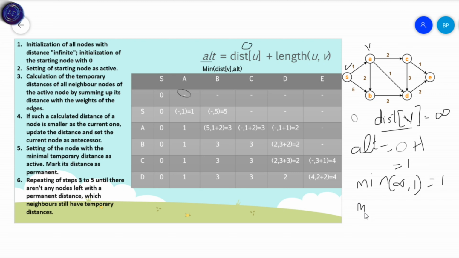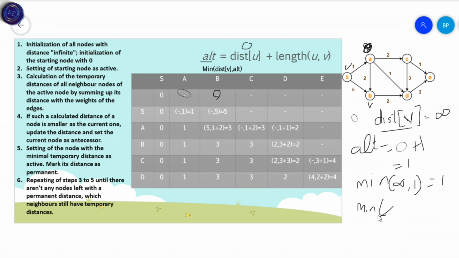So the minimum of what is here, now we will take off this v from here and put this as the v. Okay, so from S to B, what is the distance? 5. So actually what is the distance of B? It is infinite.